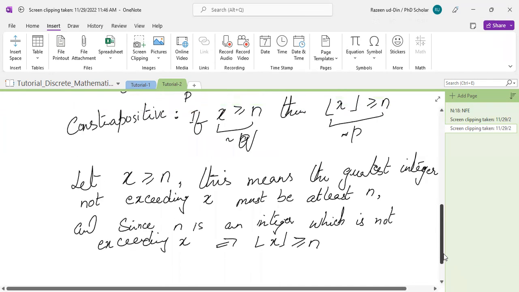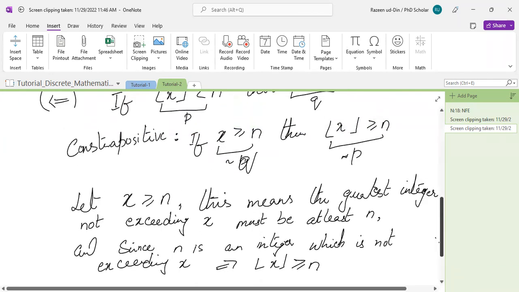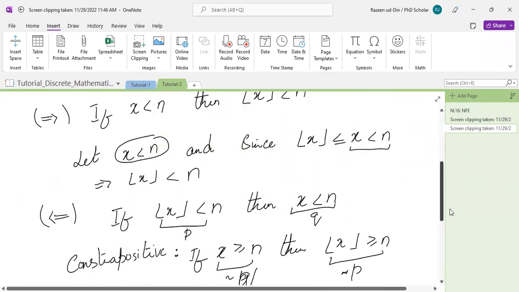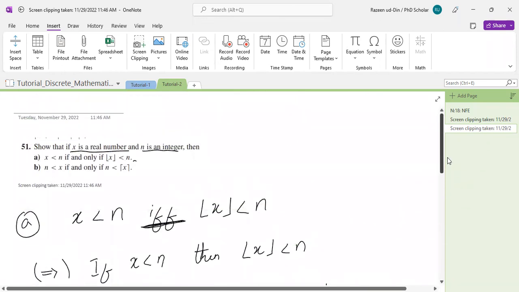So it's just a matter of definition when we write a statement in contrapositive form. Okay. So this is the proof of part A.